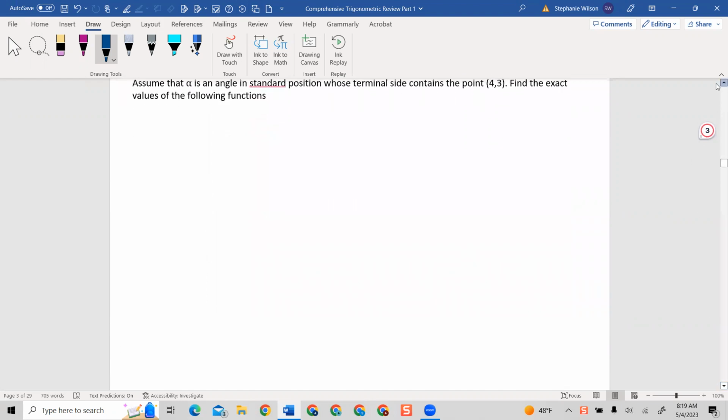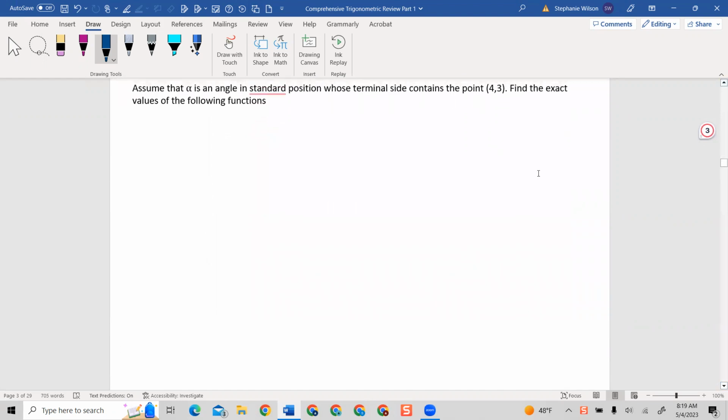Assume that alpha is an angle in standard position whose terminal side contains the point (4, 3). Find the exact values of the following functions. It's going to give you a list of functions we want to find.